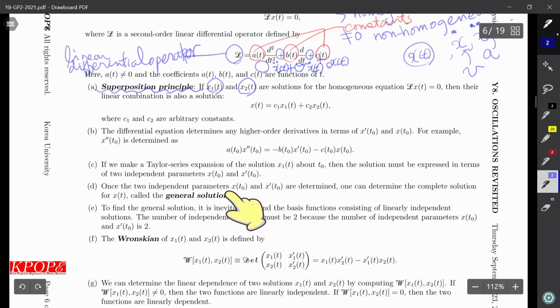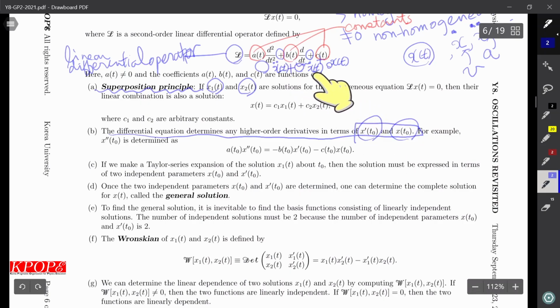It's also important to note that the differential equation determines any higher order derivative in terms of the function value and first order derivative.